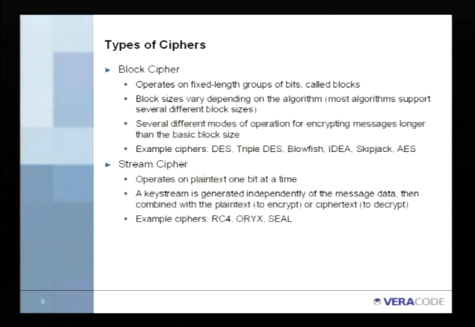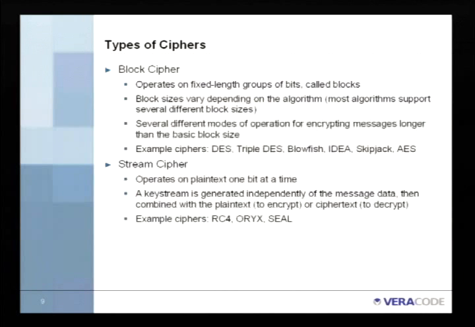Block sizes can vary based on different algorithms, and block ciphers usually have different modes of operation for encrypting messages that are longer than the basic block size. For example, if you have a 128-byte message, you encrypt it in 8-byte chunks, but there are different methods that you can use to put those blocks together. And we'll talk about one of the very weak modes that we're going to be looking to exploit.